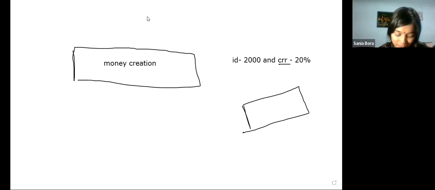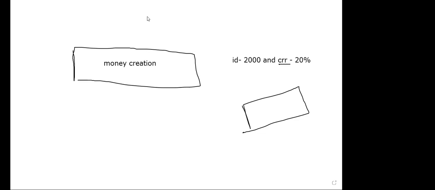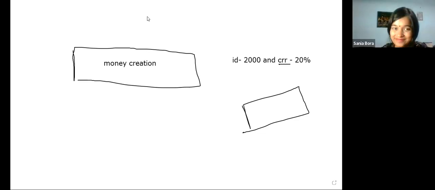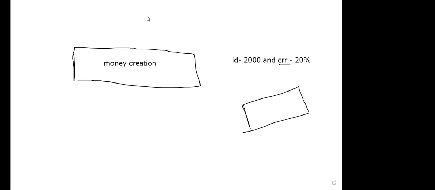Vanisha, money creation. What is the formula? Initial deposit multiplied by... check your notes. Money multiplier. You wrote something else, now check your paper. Though you have written the formula correctly in the first one, over here the mistake is there, right? The formula you have written is wrong. Okay.